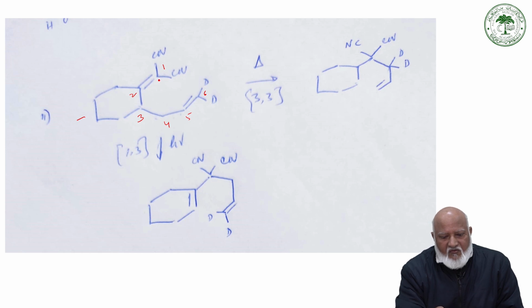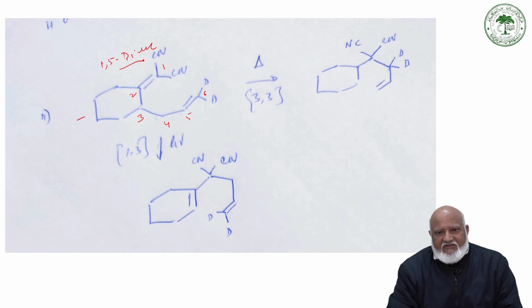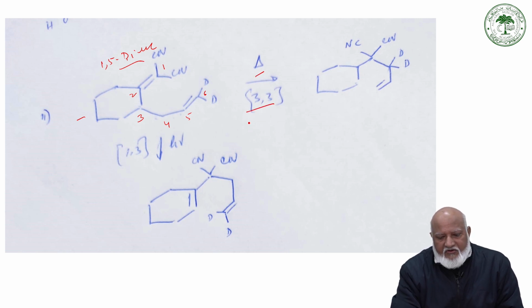This is a 1,5-diene system, and we know that under thermal condition 1,5-diene undergoes a 3,3 sigmatropic shift, which is known as Cope rearrangement.